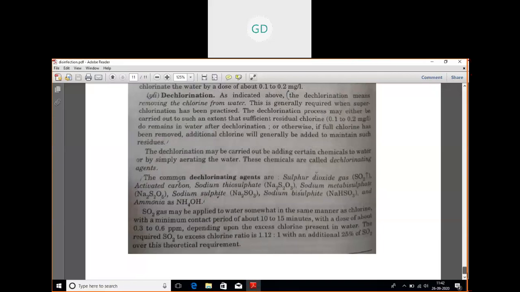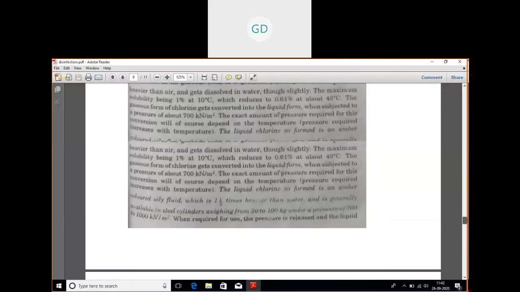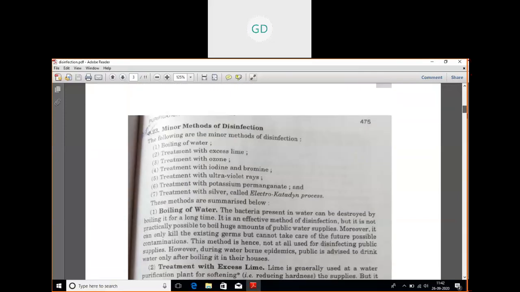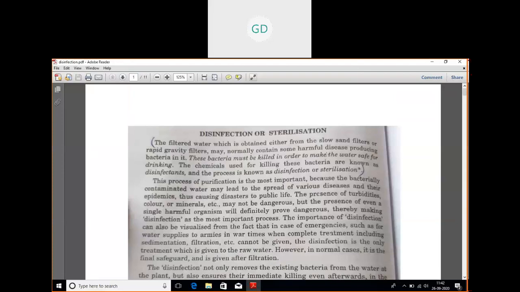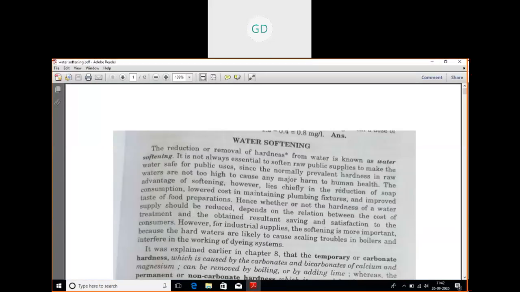With this we have ended our chlorination and disinfection part. Disinfection is finished. So next I guess is water softening.